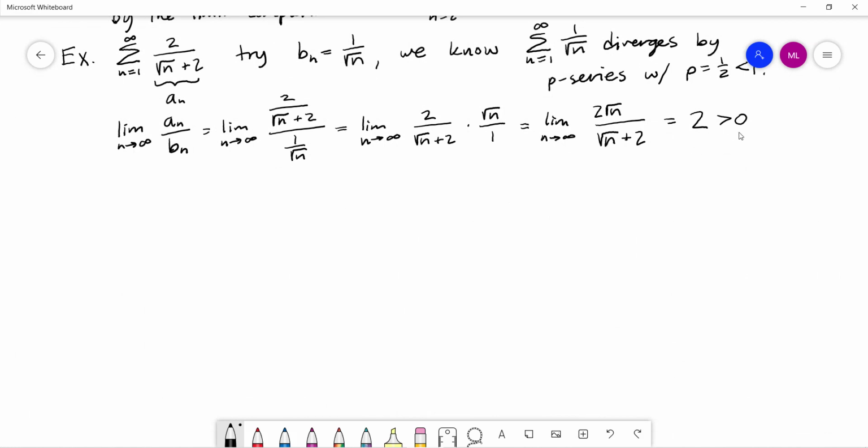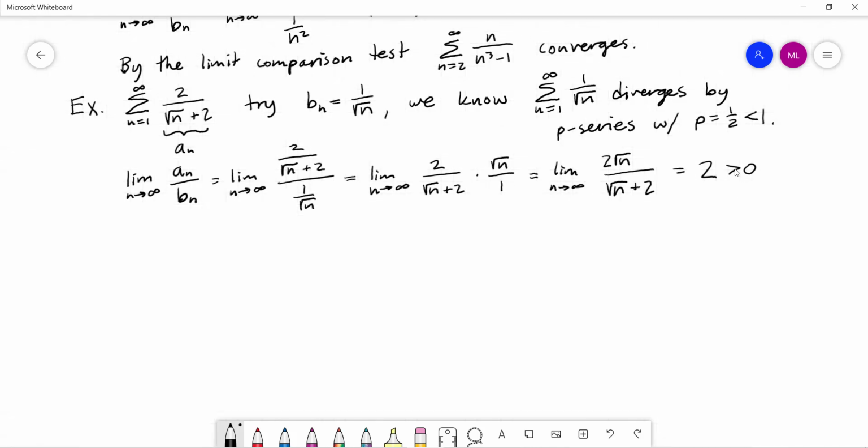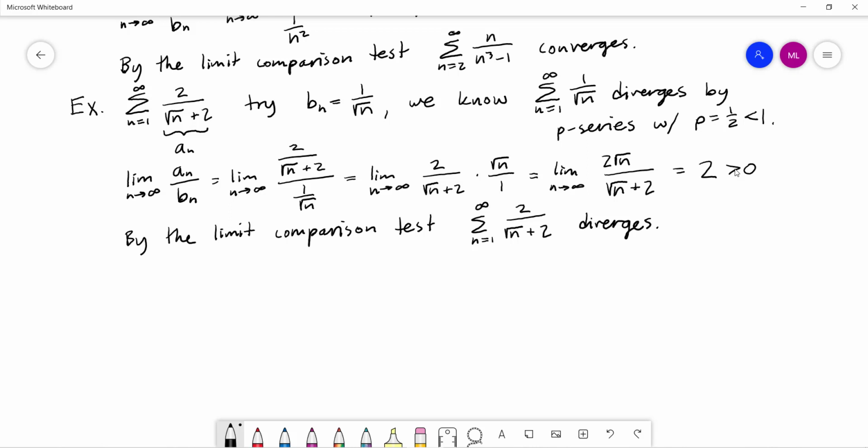But this is greater than 0, and we get enough to show that, therefore, by the limit comparison test, the sum from n equals 1 to infinity of 2 over the square root of n plus 2 must also diverge. It diverges in the same way that this series diverges.